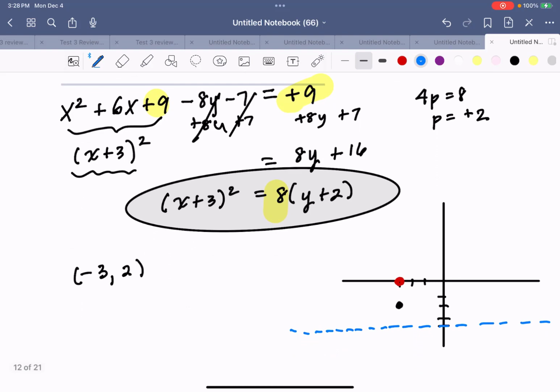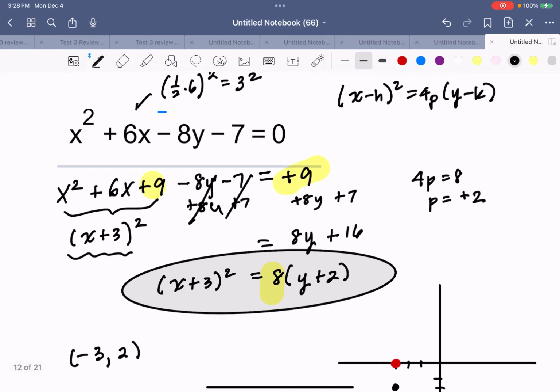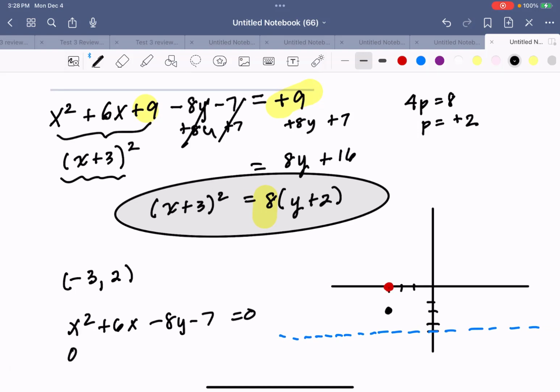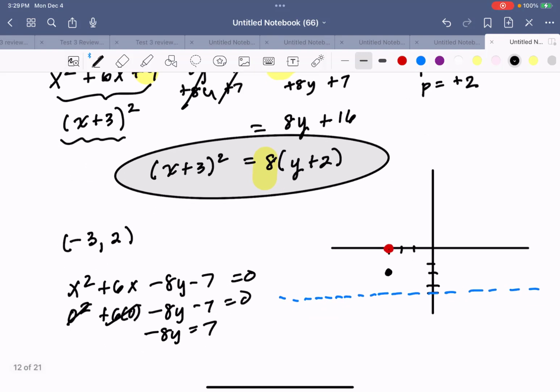If I put x as 0 in either one of those, back into the original, which would be a little bit easier, so I've got x squared plus 6x minus 8y minus 7 equals 0. And if I put a 0 here and a 0 here, I'm left with a fraction, because look, these are zeros. That's going to be a fraction, so it's going to be down in here, -7/8. It's down in here somewhere.